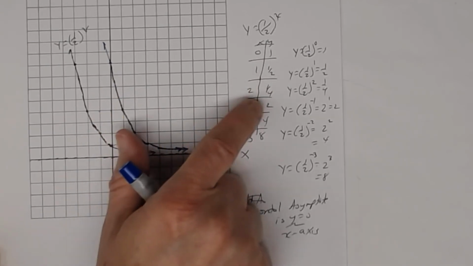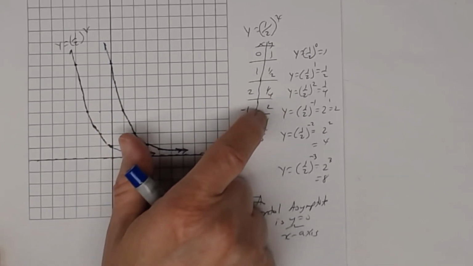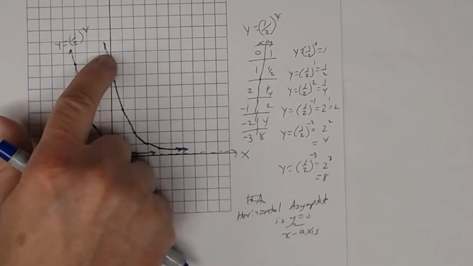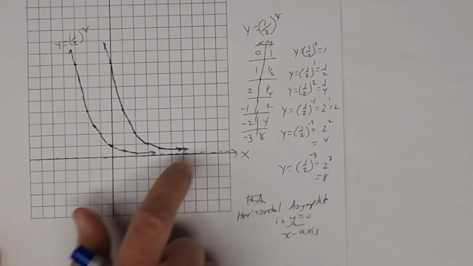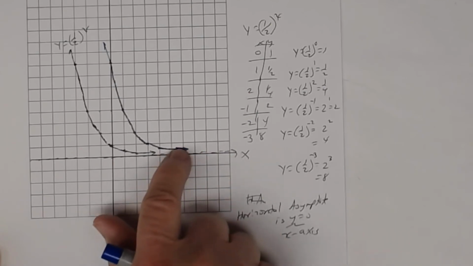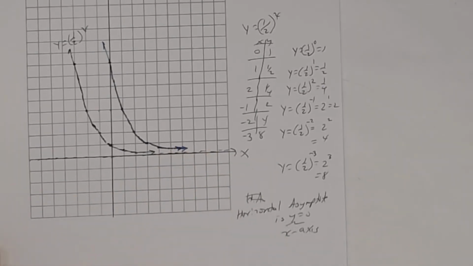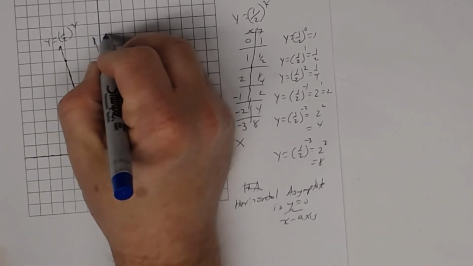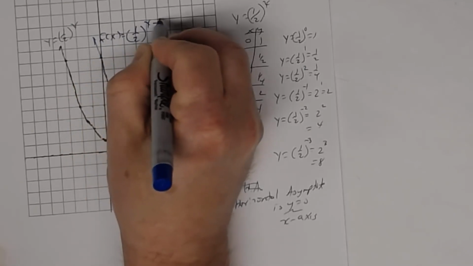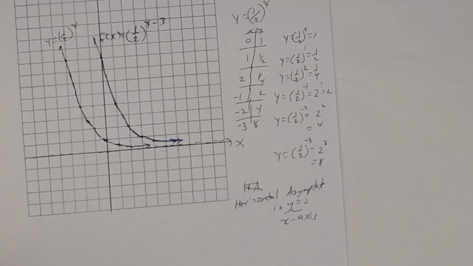If x is 3, you would get 1/8, and so on. You're going from large y values to small y values, always getting closer and closer to the x-axis, which is y equals 0. So this is f of x equals 1/2 to the x minus 3 using transformations.